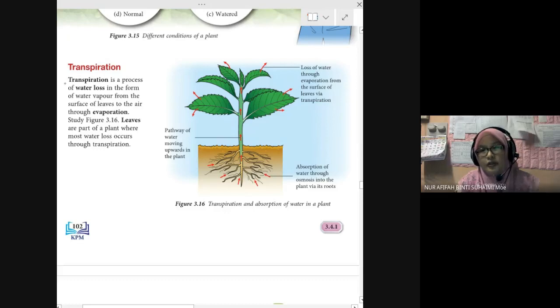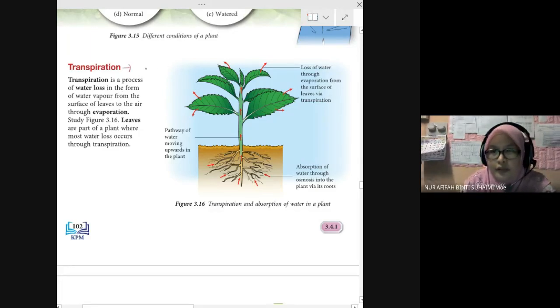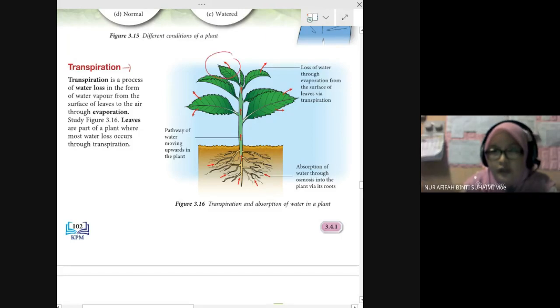Transpiration is a process of water loss in the form of water vapor from the surface of leaves to the air through the evaporation process. What is transpiration? The process of water loss in the form of water vapor from the surface of the leaf to the air through evaporation.